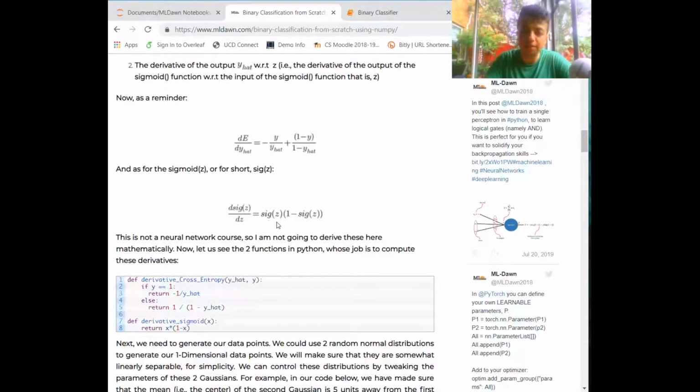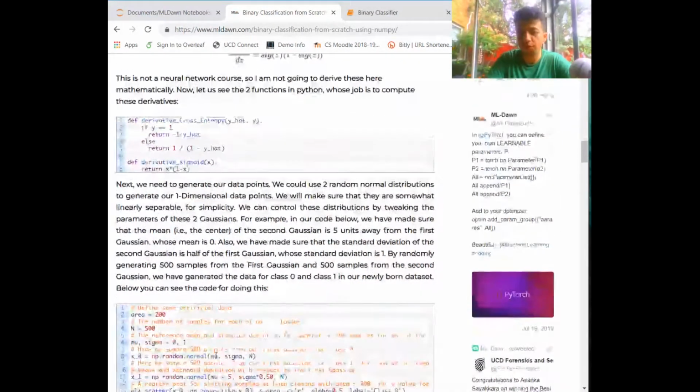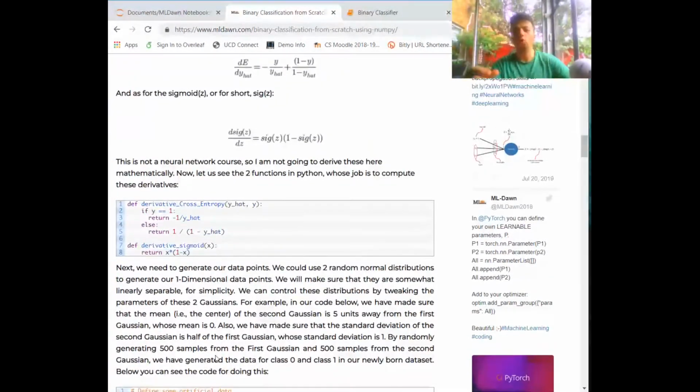Then we implemented these two functions that are responsible solely for computing these two derivatives. We said that we're going to use these derivatives to implement a backpropagation algorithm using the chain rule, moving towards finalizing the whole code on building our classifier.